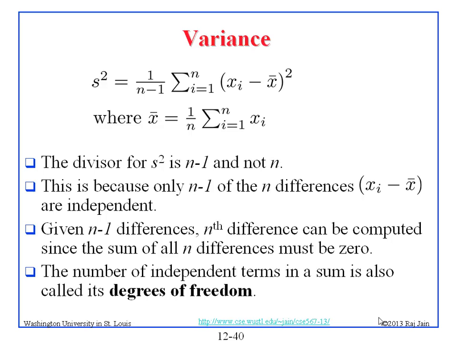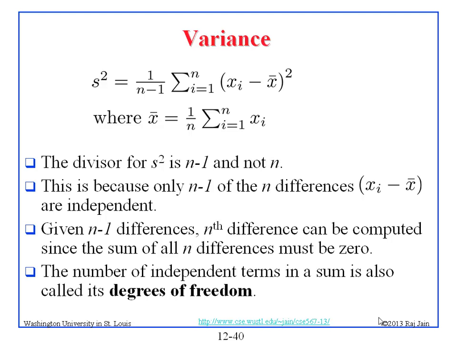Because given n minus 1, you won't be able to compute the last one. Do you get why? Because if I knew mu, then the observations don't have to add up to mu. The average of those observations will not be mu. It will be something different. And therefore, given n minus 1 observations and given mu, you cannot compute the last one.